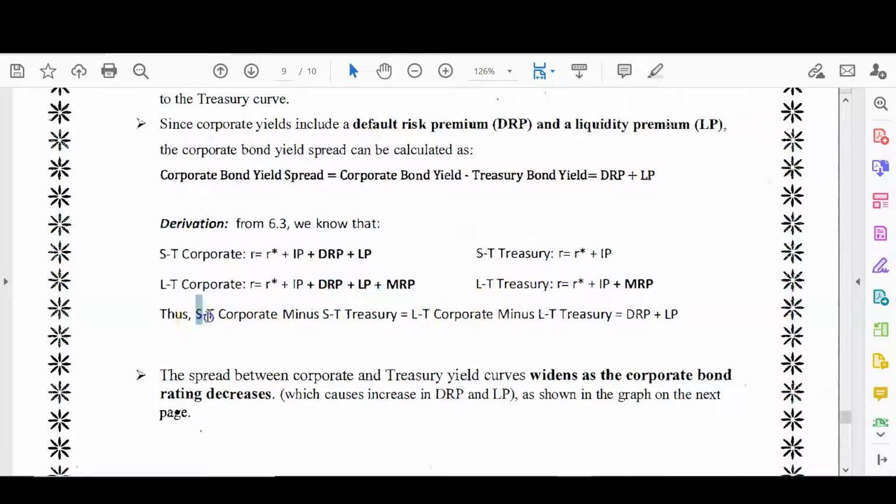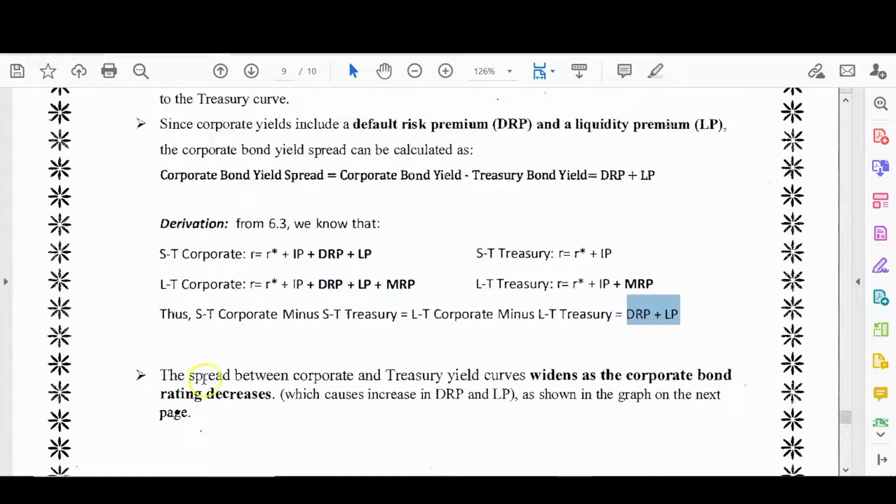Okay, so short-term corporate minus short-term treasury equals long-term corporate minus long-term treasury. So we only have DRP and LP as the difference between corporate and treasury bonds, and we call it the corporate bond yield spread.